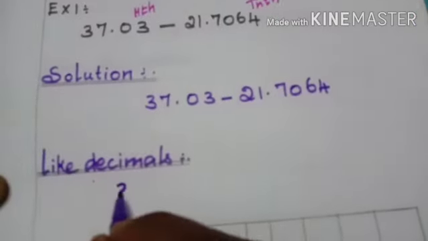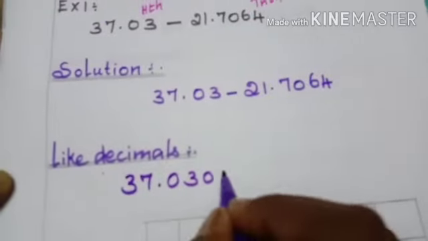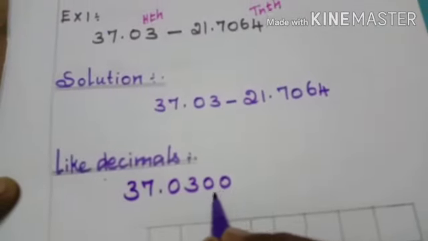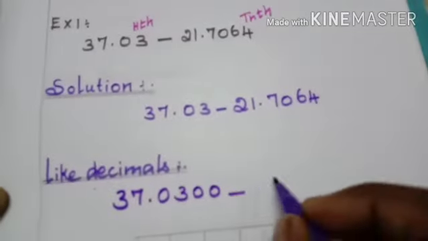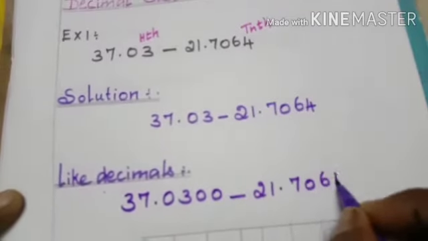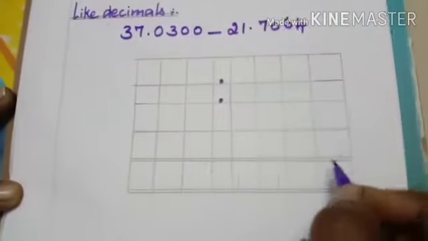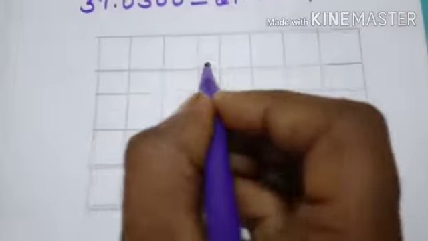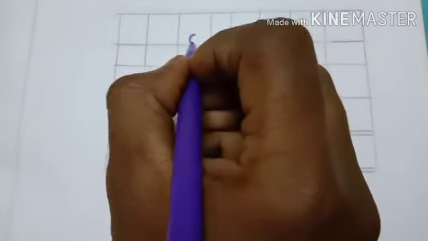So here 37.0300, by adding zeros at the right end, it becomes like decimals, minus 21.7064, and then we have to arrange it in columns. Here this is the decimal point. Before the decimal point the place value starts from ones, tens and hundreds. These are whole numbers.